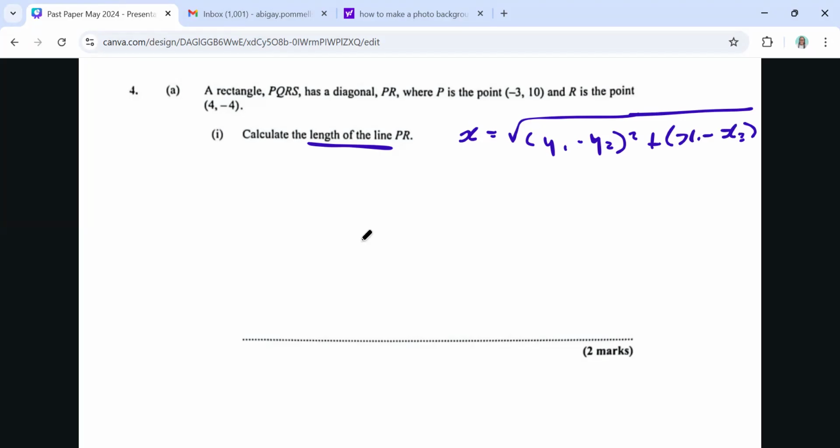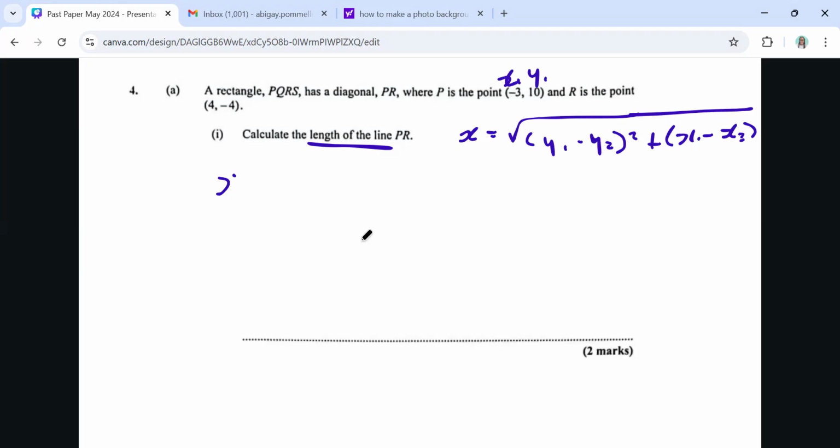All right, so that is our formula. You can choose which one you want, just make sure it stays consistent. For example, if P is the first x, then the y must be the first y.